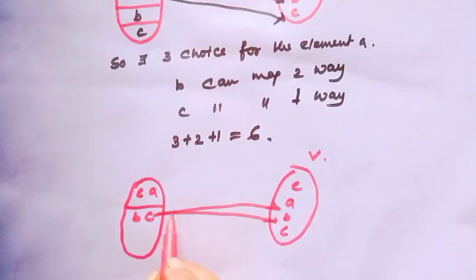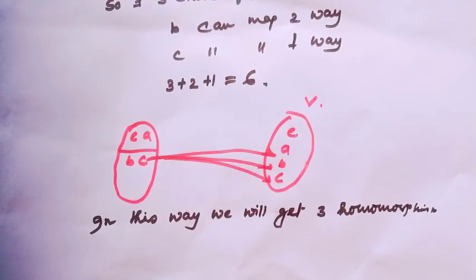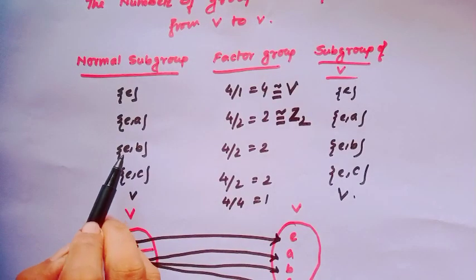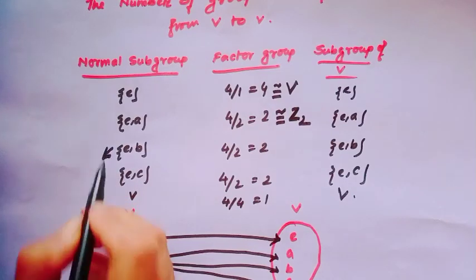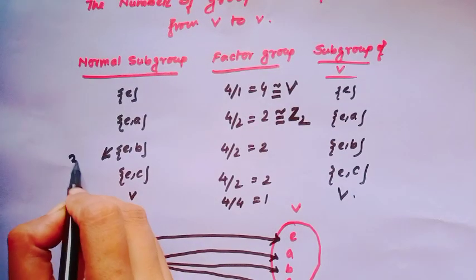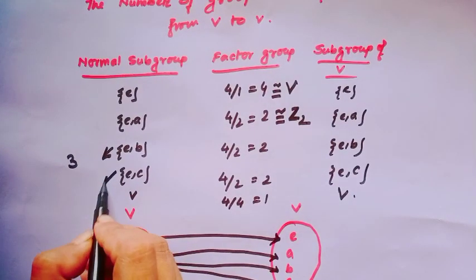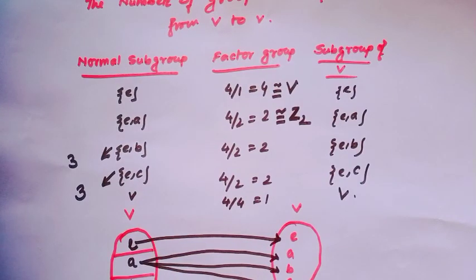We all know this. And in this way, we will get 3 homomorphisms with kernel E and A. Similarly, if you consider this as a kernel, then you will get 3 homomorphisms. Similarly, for this, you will get 3 homomorphisms.